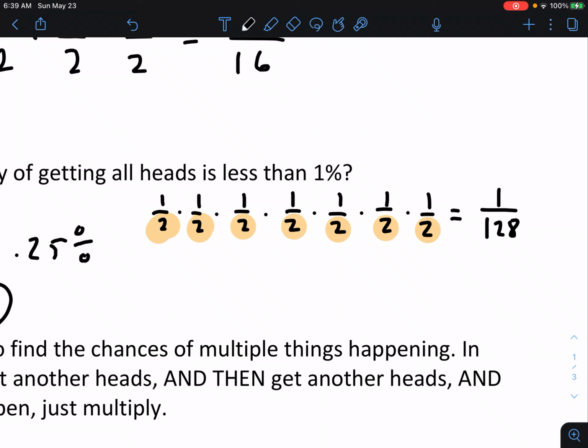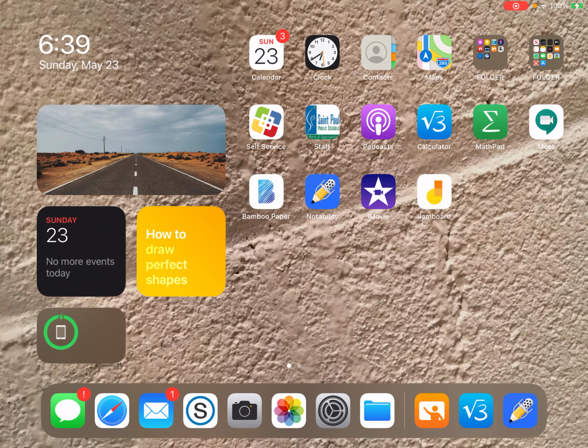All right, and I know right away that this is less than 1% because it's 1 out of 128. And 1% would be 1 out of 100. But I can always double check this. I can just go to a calculator and divide 1 divided by 128.